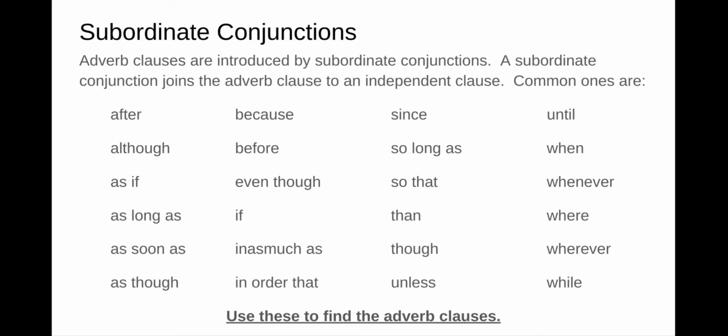So look this list over, get familiar with them, and use it when you're doing your practice and when you're doing your test. So common ones: because, before, though, unless, wherever, whenever, and so on. So like I said, get very familiar with this list. It's going to help you find those adverb clauses.